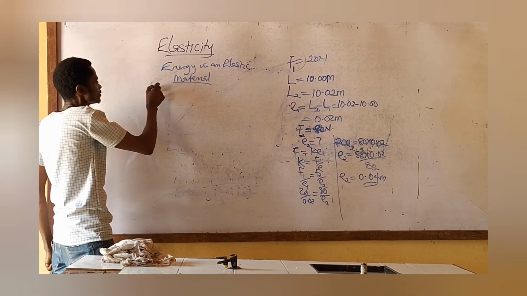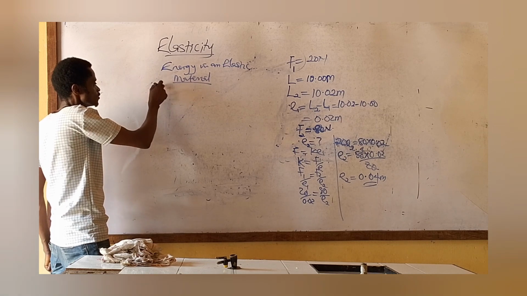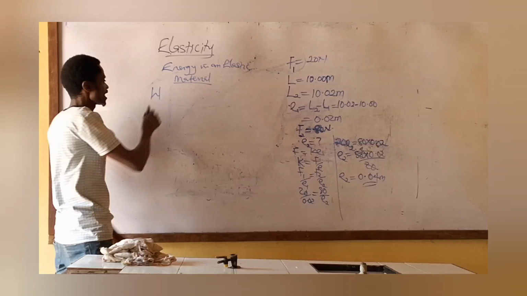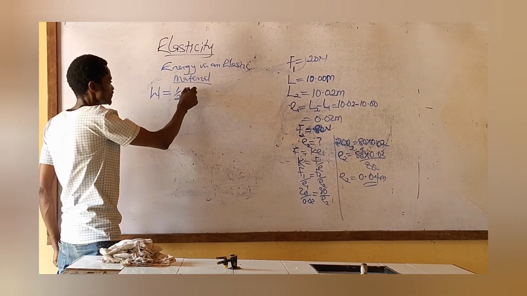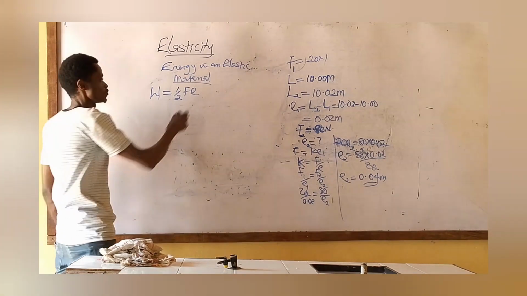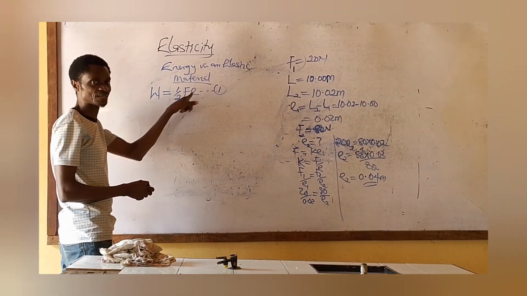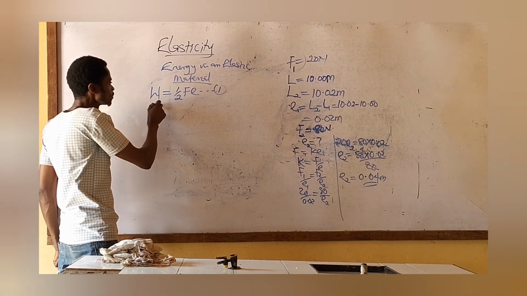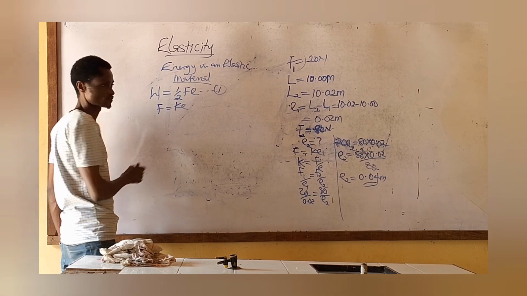Normally, the energy, I'm going to use W, that's work done. Energy is equal to half Fe. We can call that equation 1. Half of force times extension. Then, we can also say normally F is equal to Ke.